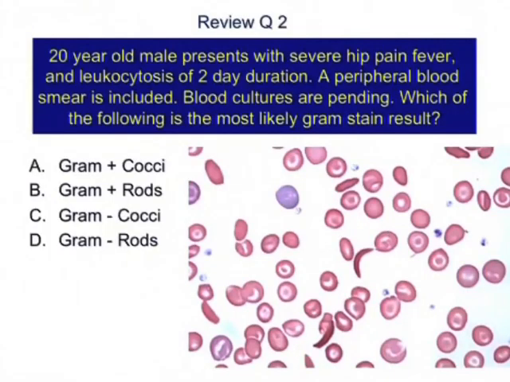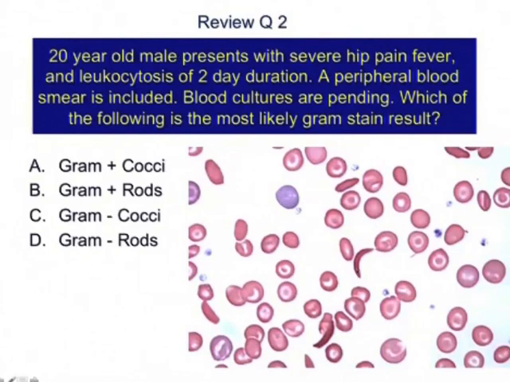Here's your next review question. All right, so we've got somebody who comes in with hip pain, fever, leukocytosis, kind of acute onset, so possibly infectious.